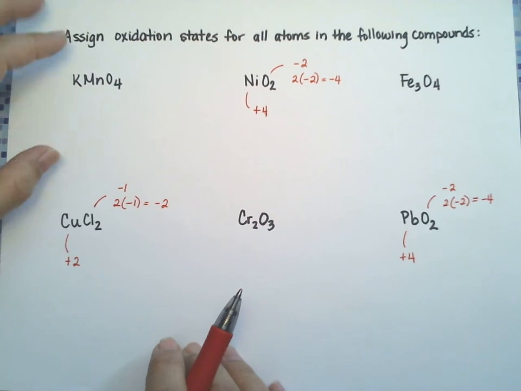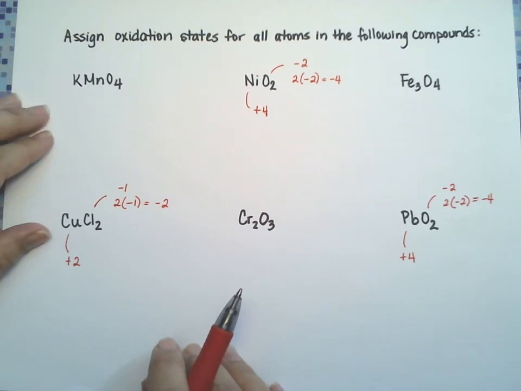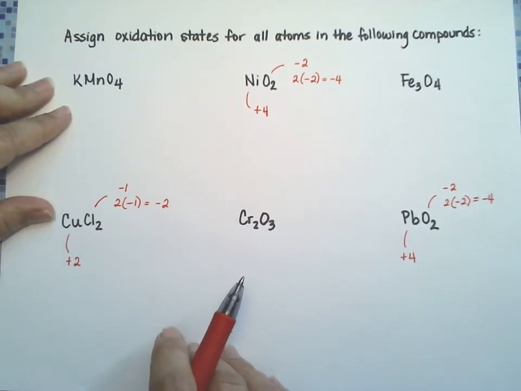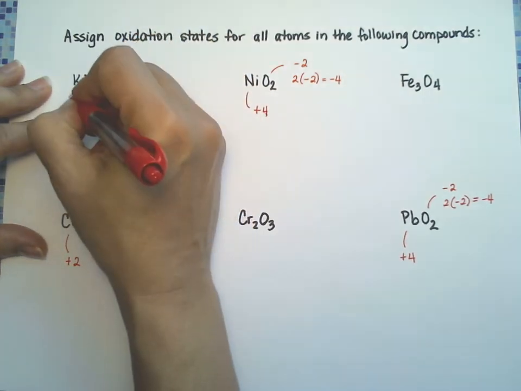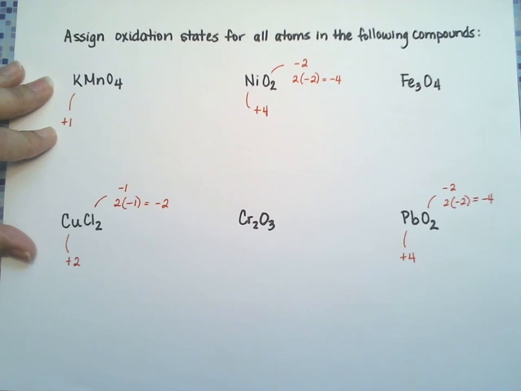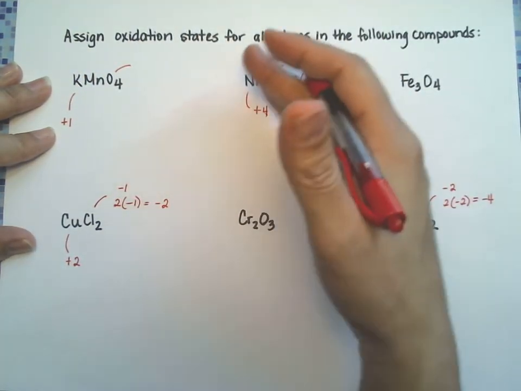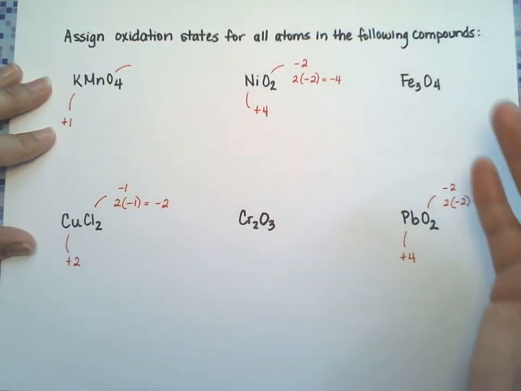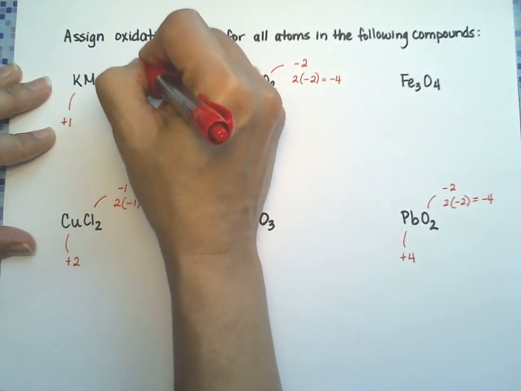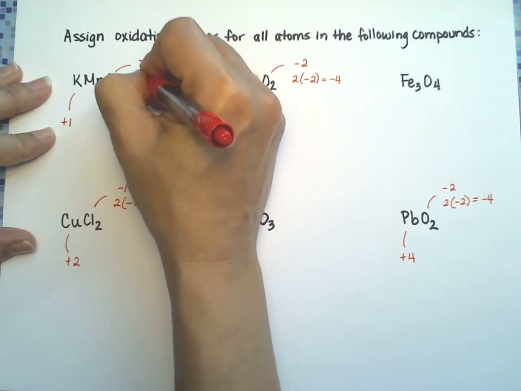Let's start with this potassium permanganate because I have the oxygens, but this time I do have an extra positive ion in the potassium. So you start with what we know. We know that the charge of the potassium ion is the oxidation state of the potassium ion, and that one is a +1. Oxygen is a common atom in the different complexes here. So we know that each oxygen is -2, and I have 4 oxygens.